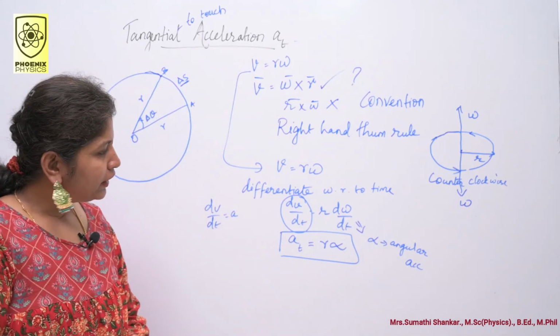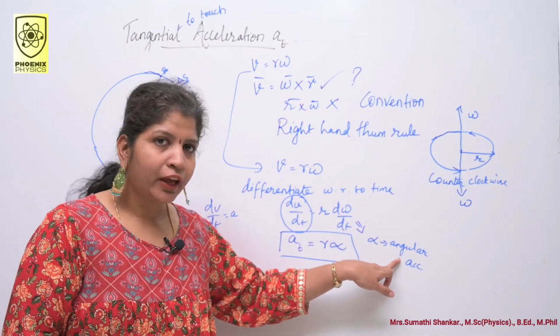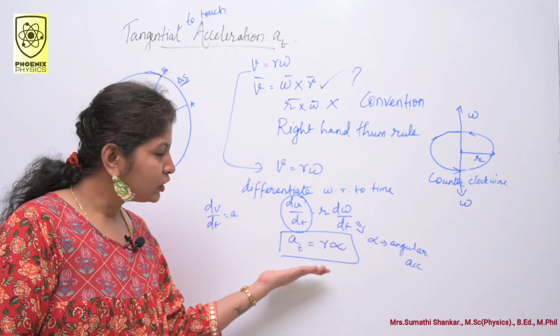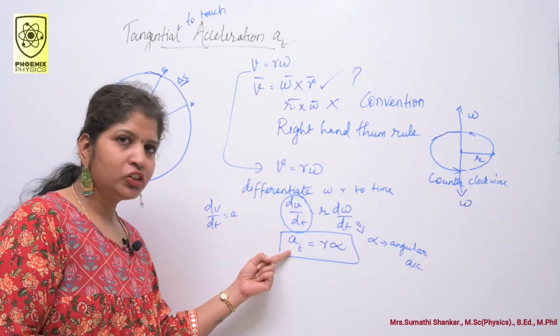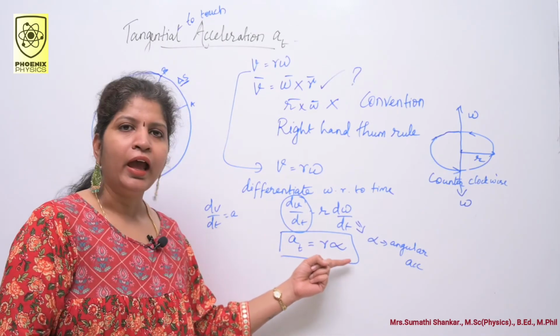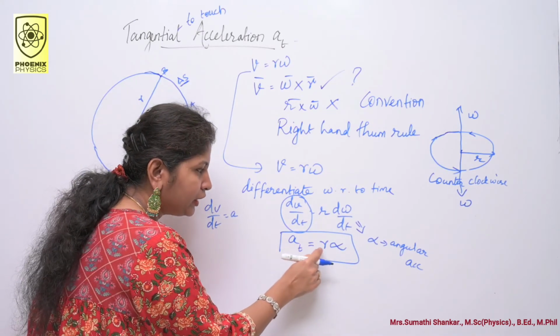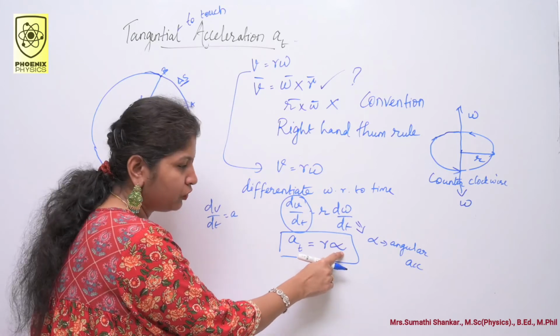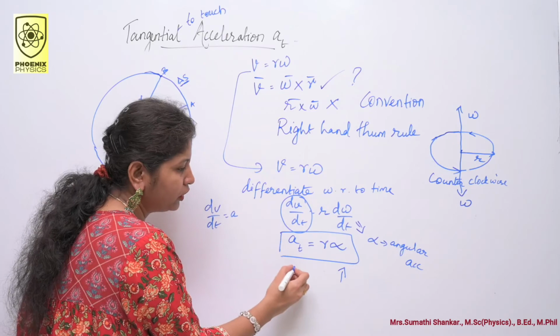So rate of change of angular velocity is called angular acceleration. So this equation gives the relation between tangential acceleration and angular acceleration. Here a t is directly proportional to alpha. So if alpha increases, a t will also increase.